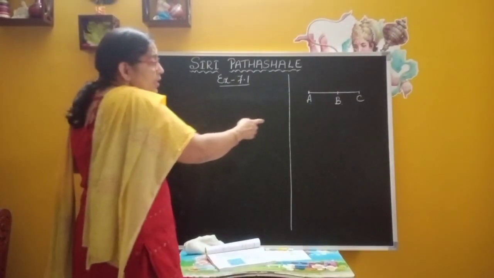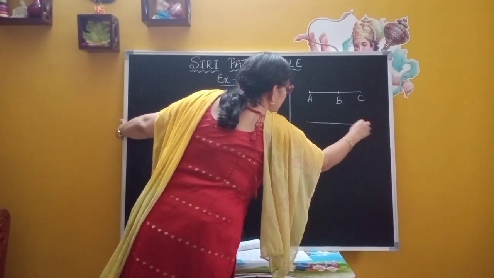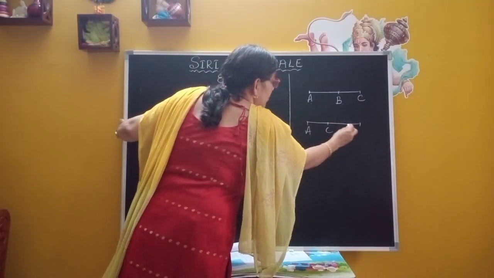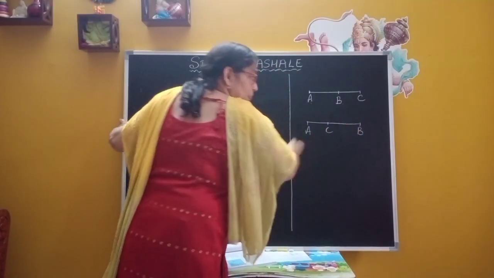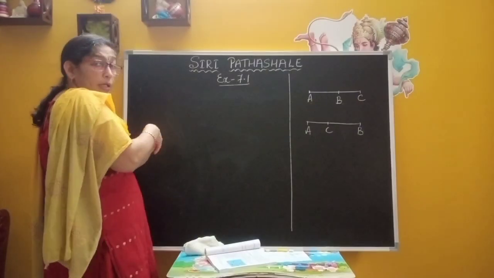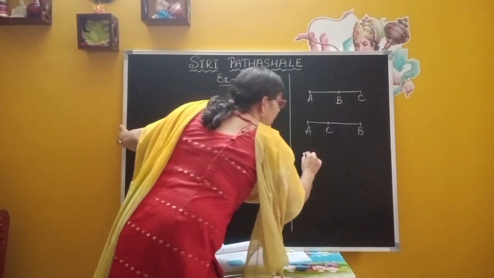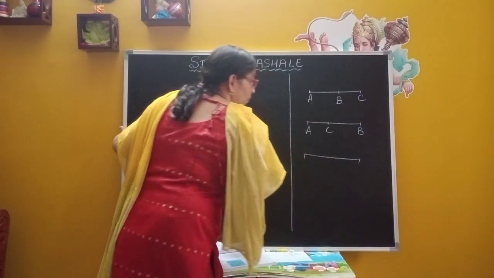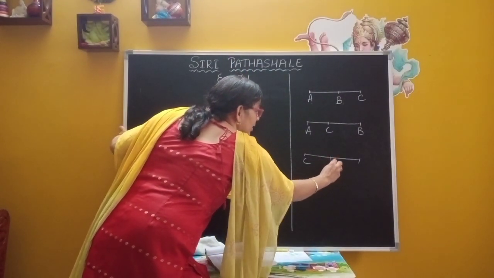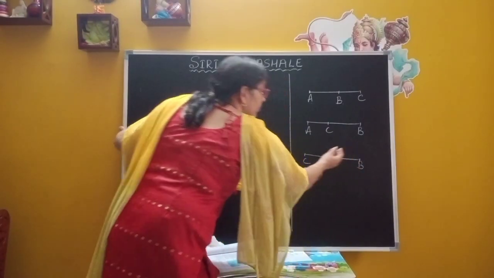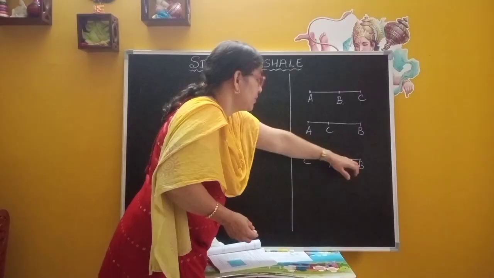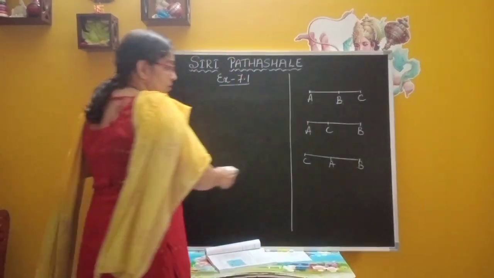Or see, here we can take the same problem as here, A here and here we have C somewhere and this is B. Now also we can say these points are collinear, or A can be in the middle of these 2 points, that is here I take C, here I have A and here we have B. Or we can have here B, here A, here C. That possibility is also there.